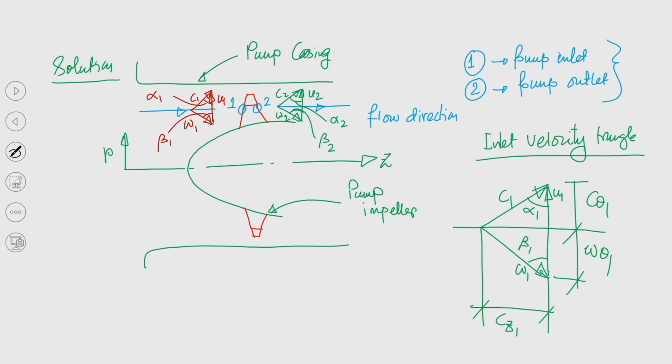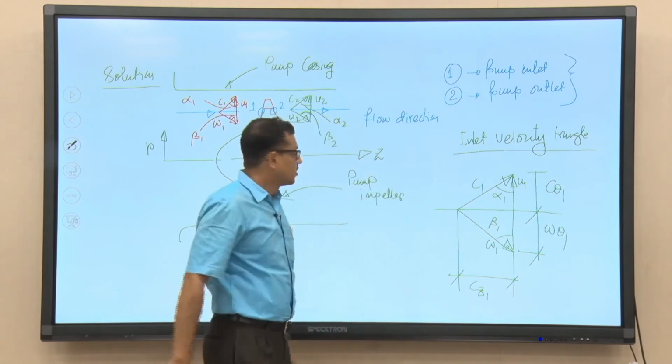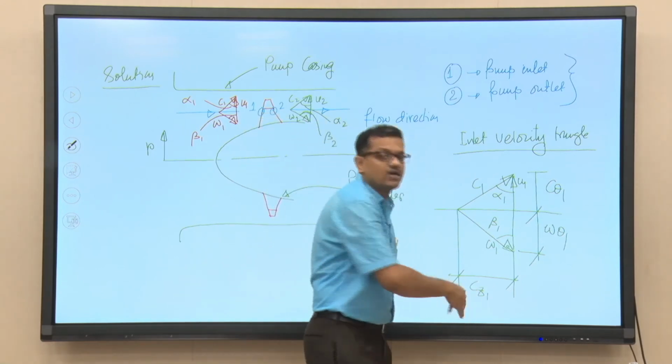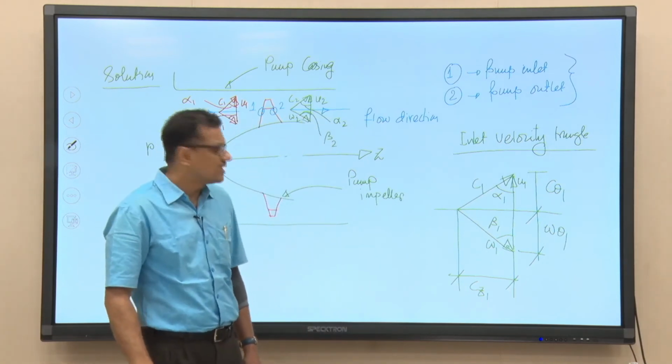For the radial flow pump, the flow takes place in the radial direction inside the pump, and that is why the suffix r is used to denote the flow velocity components. Here the flow takes place in the axial direction, and z is used to denote the axial coordinate, and that is why the name axial flow pump. So Cz1 or Cz2 will be used to denote the axial flow velocity component at the inlet and outlet respectively.